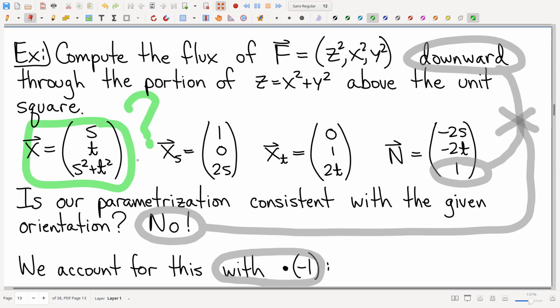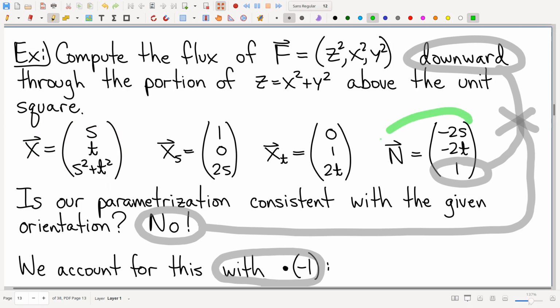But from here, you can totally see. After all, my normal vector is clearly pointing at least somewhat up-ish. I was supposed to parameterize it in the downward direction through the surface, not in the upward direction through the surface.